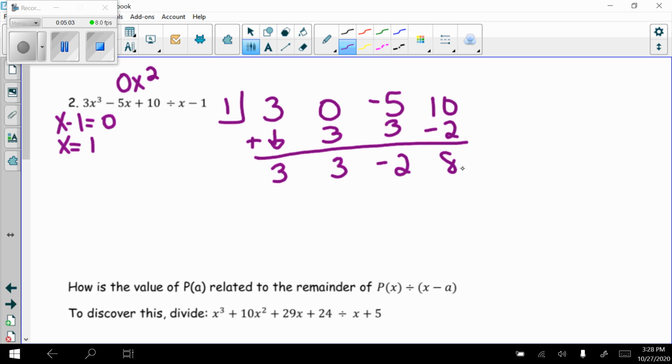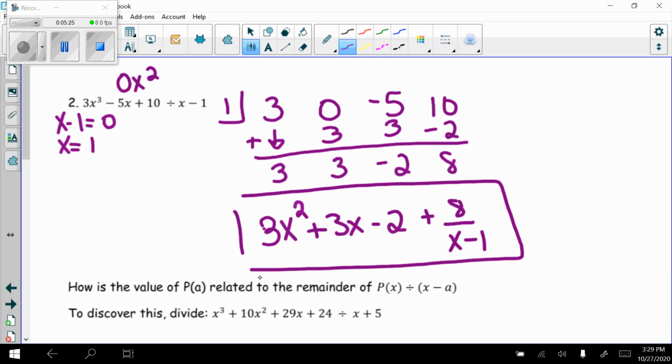Write out my new answer. So my quotient is 1 degree less than where I started. I started with x cubed, so 3x squared plus 3x minus 2 plus 8 is my remainder, divided by what we divided by, x minus 1.